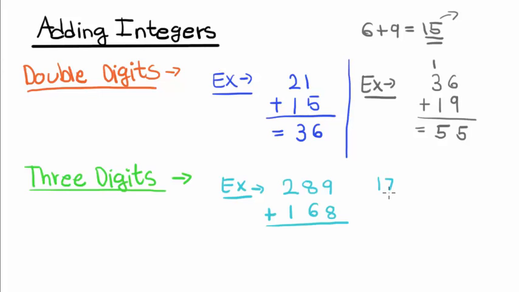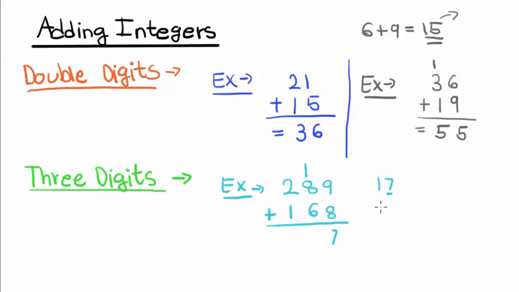Now I realize that the units place in the number 17 is the number 7. So I write down the 7 right below 9 and 8, and I carry over the 1 onto the next set of numbers. Now I add up 8, 1, and 6 together, giving me 15.